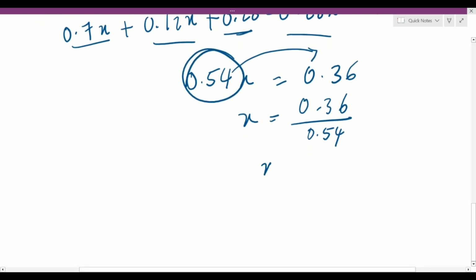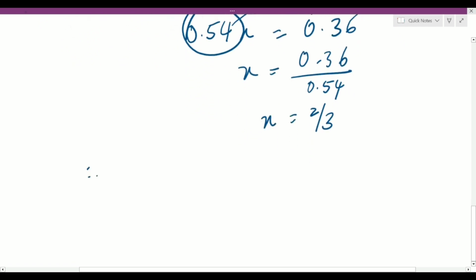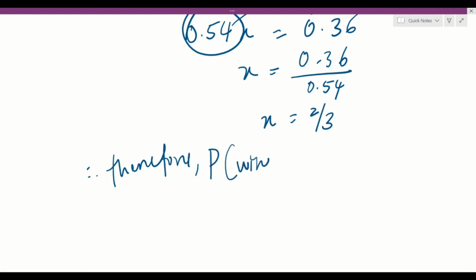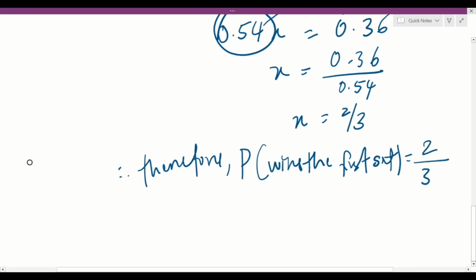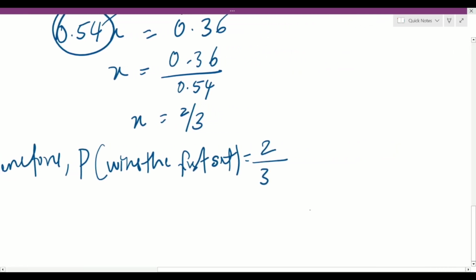So you'll get the value of x is equivalent to 2 over 3. Therefore, the probability of P winning the first set is equivalent to 2 over 3. That's all everyone. Thank you so much.